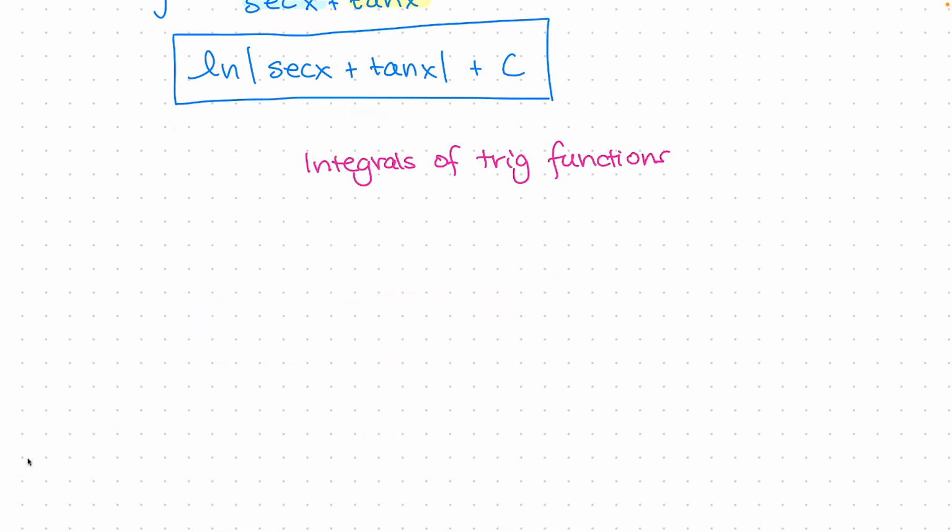All right, so integrals of trig functions. Remember, the integral of sine is negative cosine. And so the integral of cosine is positive sine. There's a nice pattern, just like with derivatives we had a pattern. There's a nice pattern with integrals too.